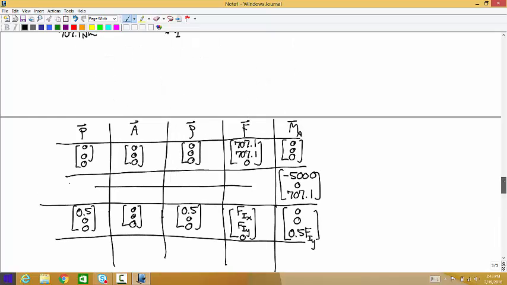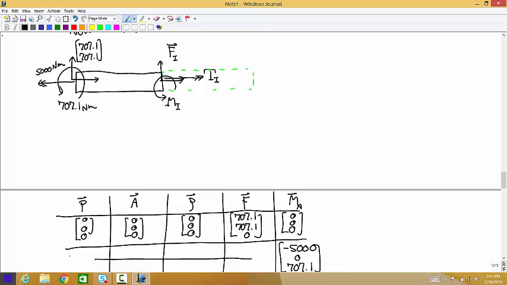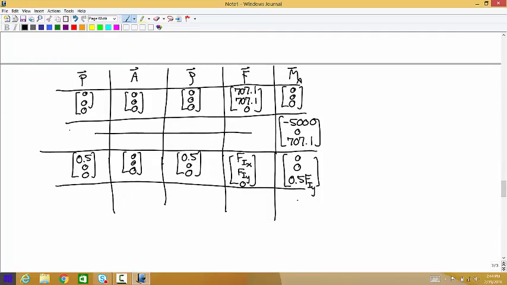And then the last thing we have is the combination of the couple Ti and the couple Mi. Those are both in the positive direction, so we have Ti in the x direction, Mi in the z direction.